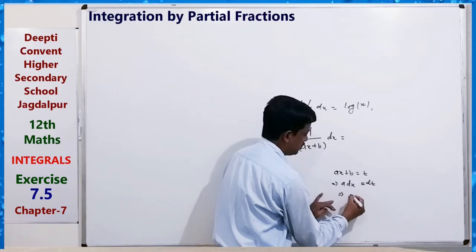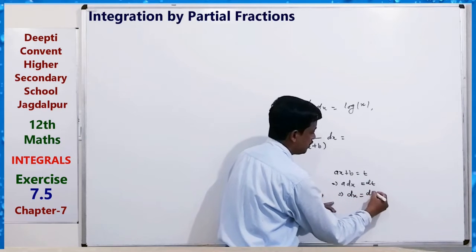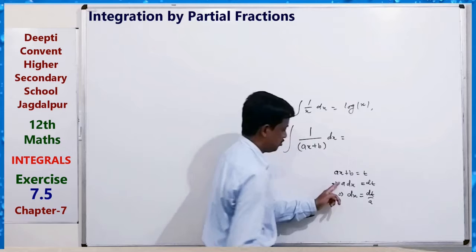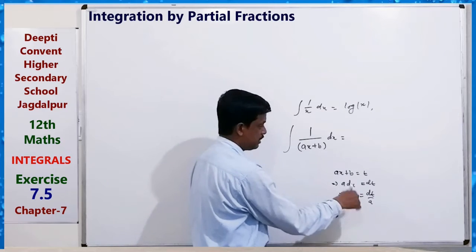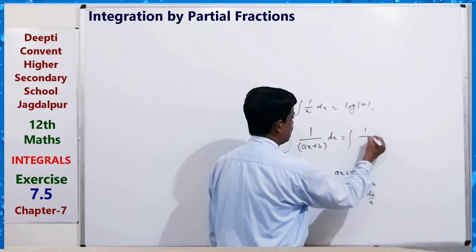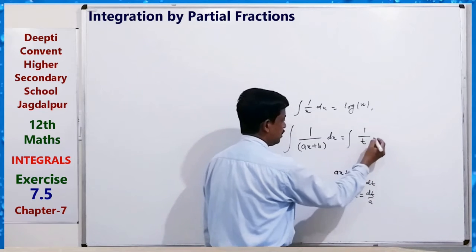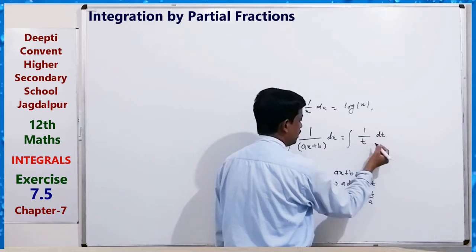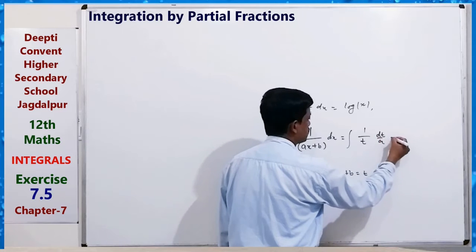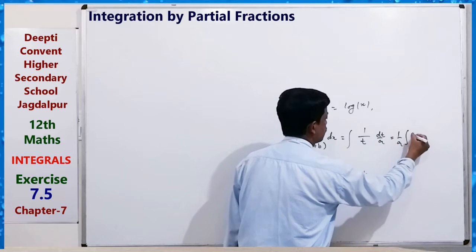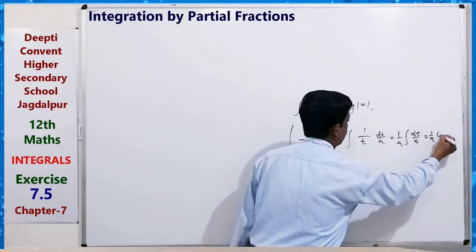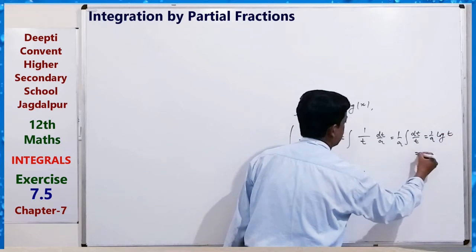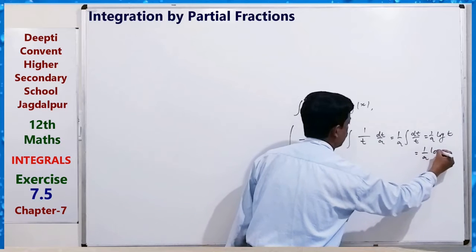That is dx equals dt by a, the coefficient of x. So 1 upon t, dt by a means 1 by a, a constant, 1 by a integration of dt upon t, that is 1 by a log of t.